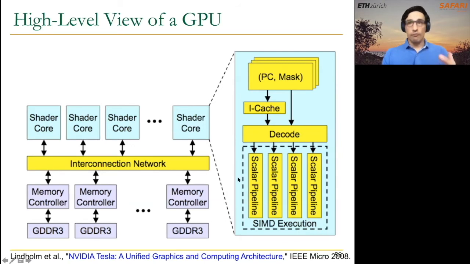There are a few of these SIMD cores. We typically call them shader cores or also GPU cores inside the whole GPU. And these different shader or GPU cores can access memory through an interconnection network and the corresponding different memory controllers.